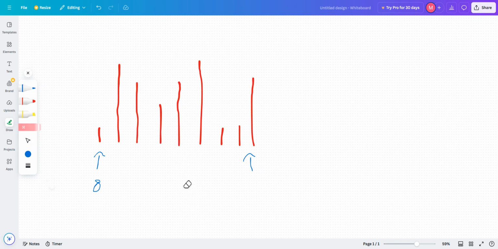Okay, I'm liking this so far. Cur max equals 8. And then we could move this one because it's smaller than this.